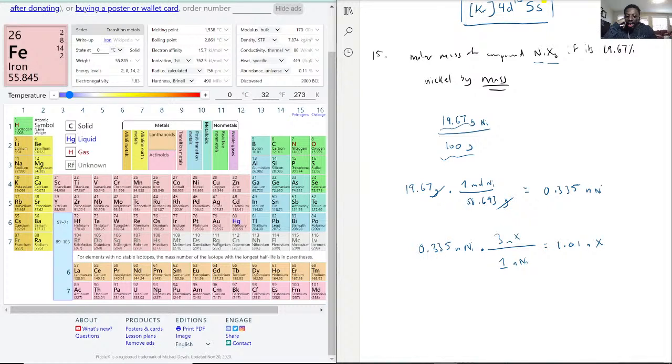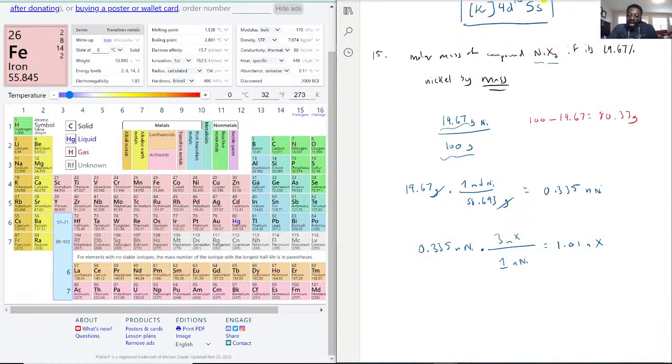If 19.67% of the compound is nickel, if 19.67 of the 100 is nickel, that means if you subtracted to find what the mass of X is, 100 minus 19.67, that's the amount of mass you'd have for the other part. So 100 minus 19.67 is 80.33 grams, okay?